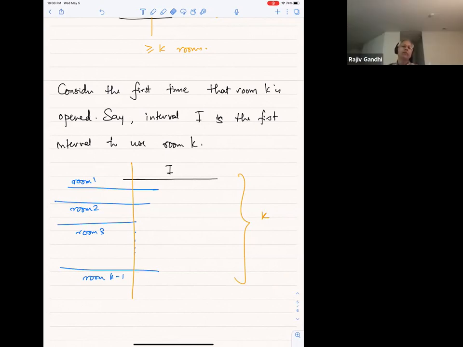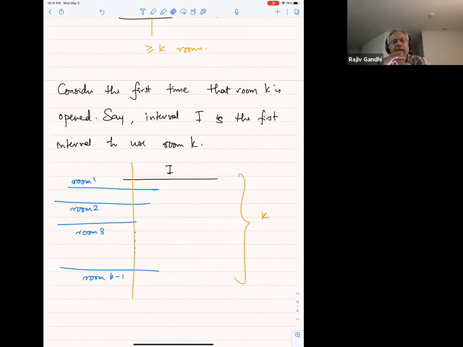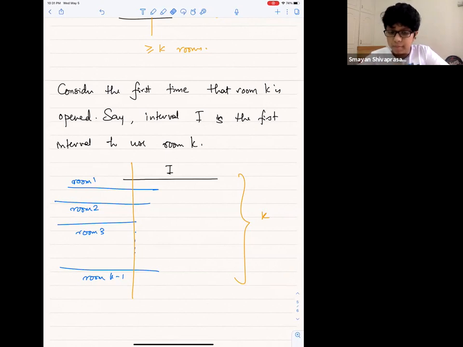It's not obvious. Yeah, I'm going to prove that. When two of the intervals overlap, obviously you need to add one room, because you can't have two meetings in one room at the same time.